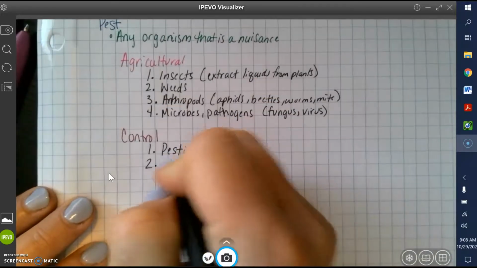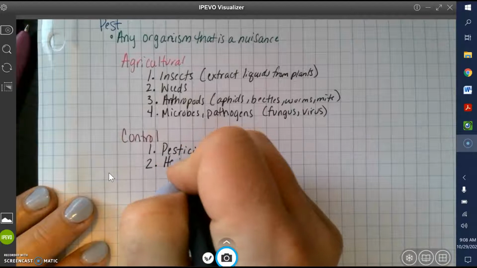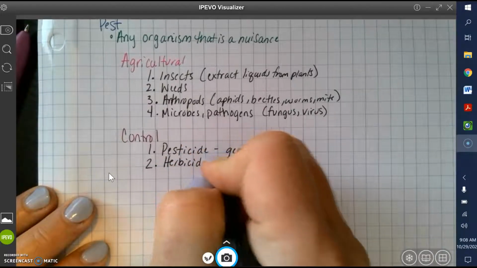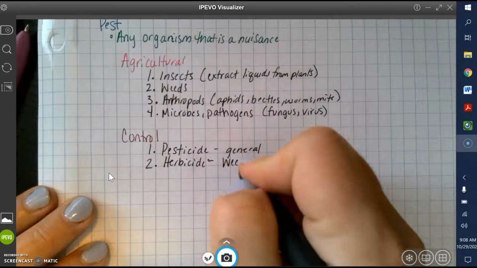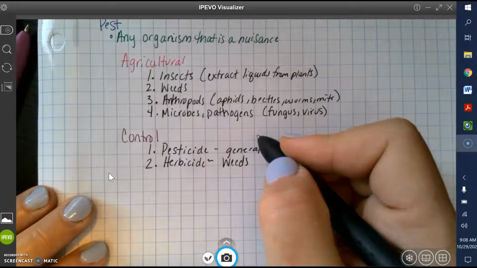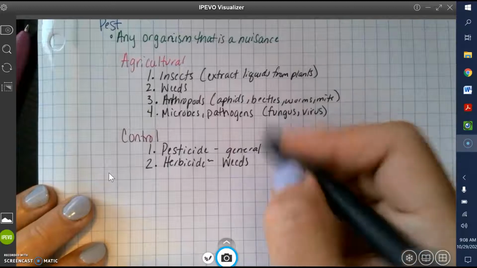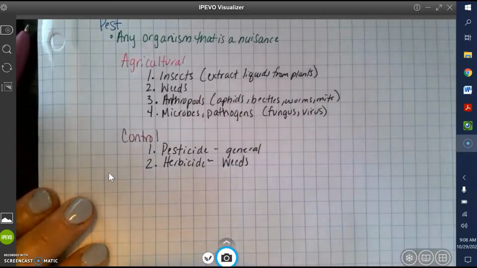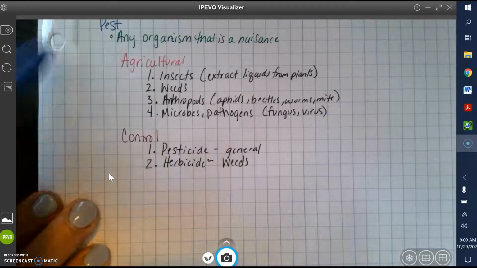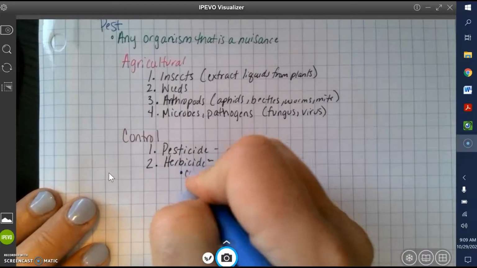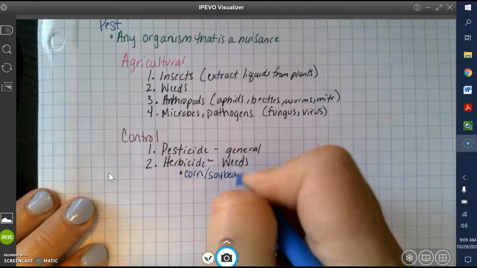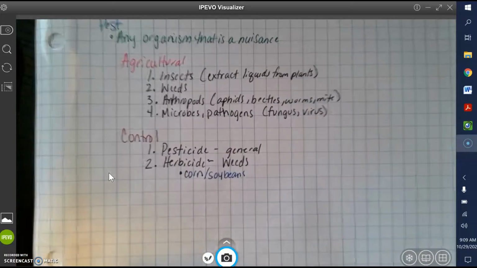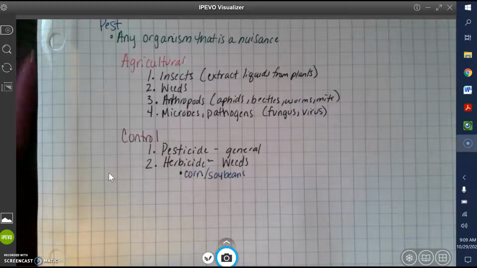And then we get into more specific. So we actually have herbicides. An herbicide will kill weeds. Typically, a lot of times herbicides are used on plants like corn and soybeans, because we've got weed problems in these types of fields.